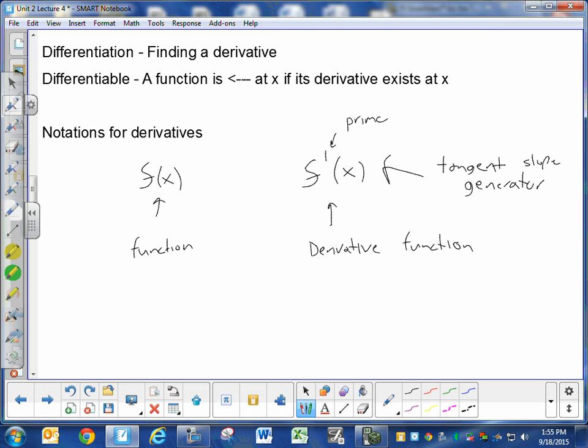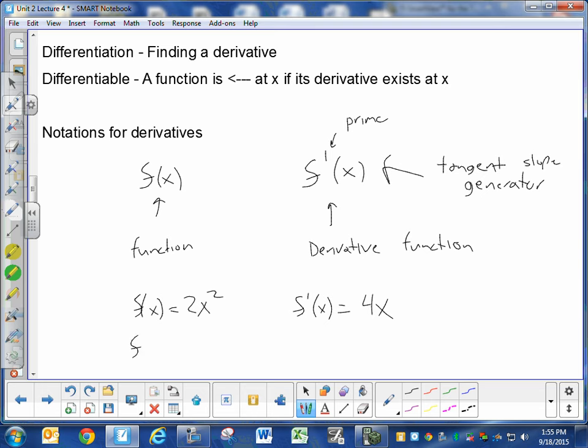Every function will have its own best friend. Some of them will share best friends, but typically we will have every function and its own best friend. So the function 2x squared has its tangent slope generating best friend 4x.